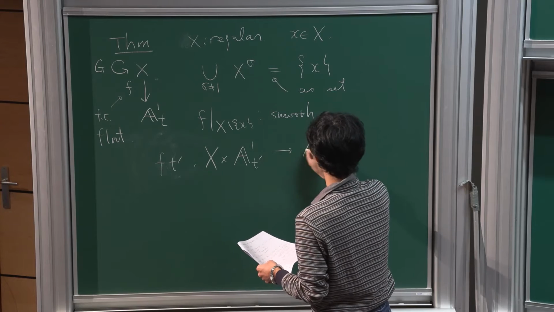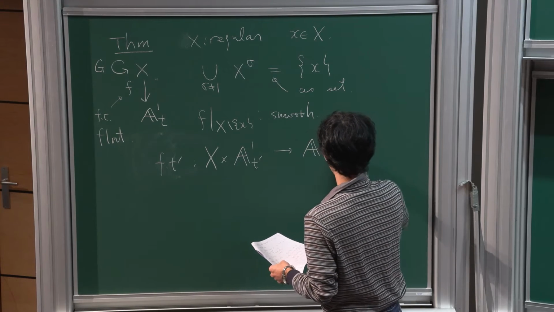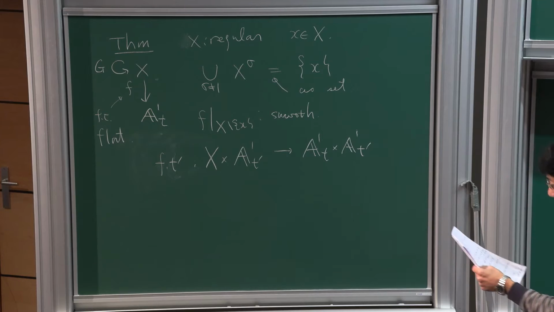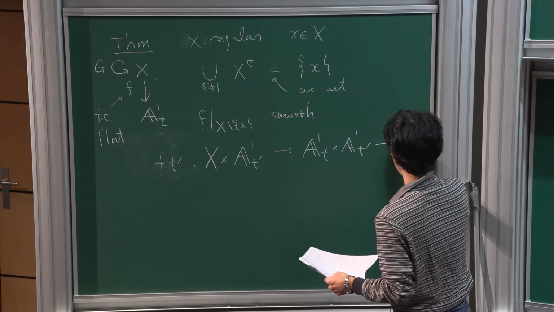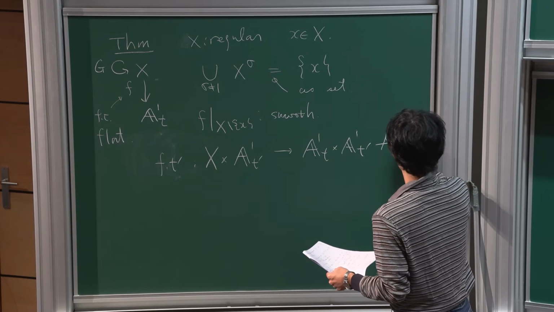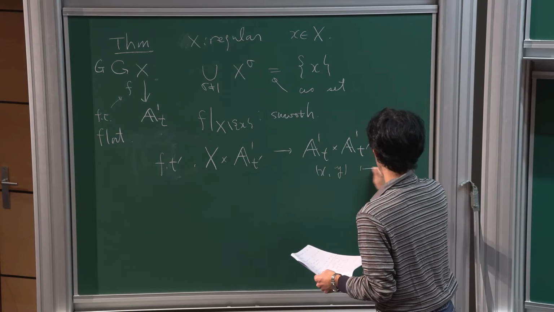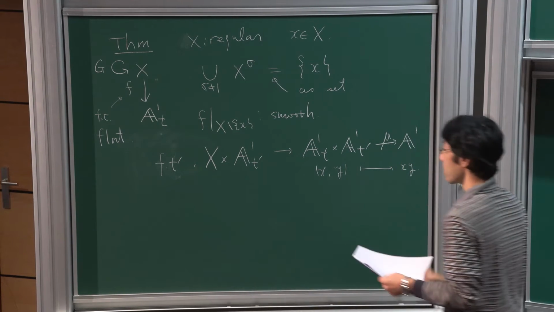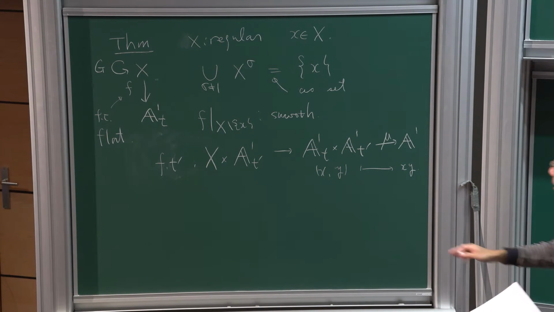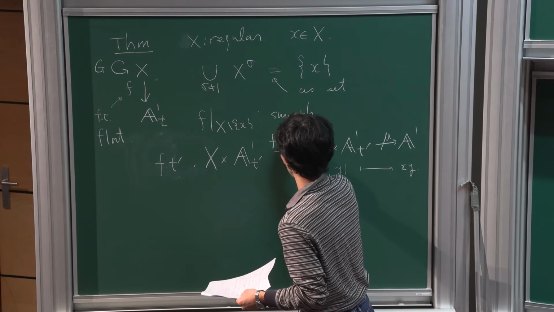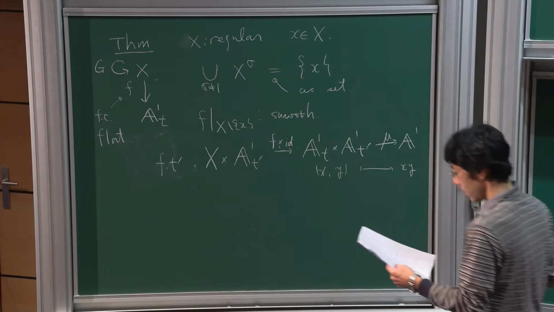So this goes to A1_T times A1_T prime, so I'm doing something very close to Fourier transform. And I have a map mu, sending (x, y) to x times y. So I have this composition, f cross the identity.